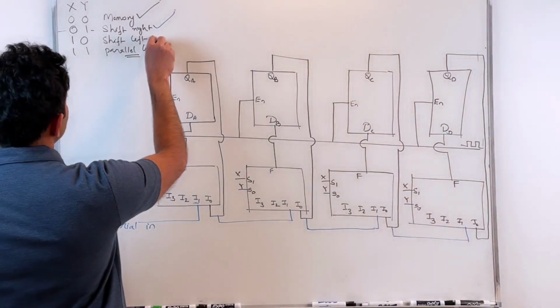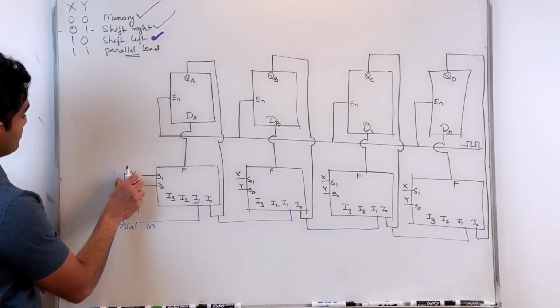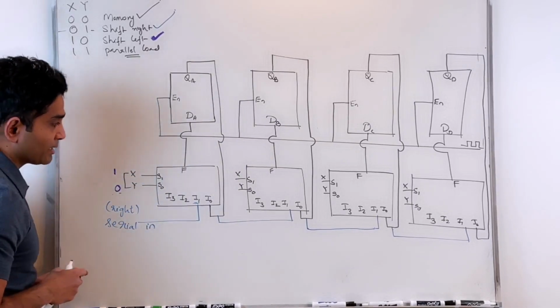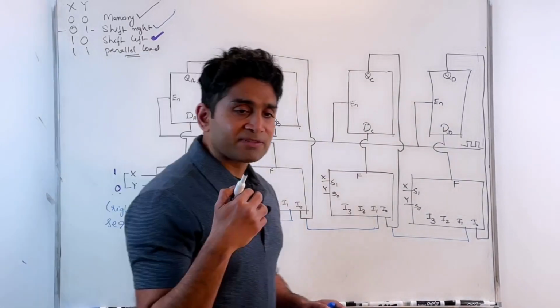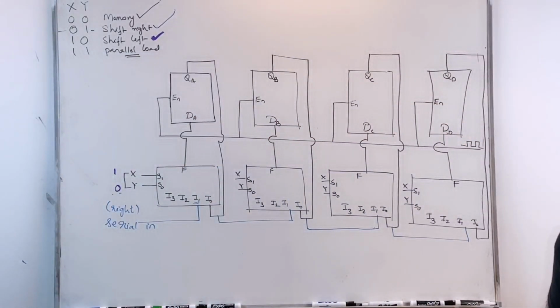Now, what about shift left? How do I get the shift left operation? When I apply 1, 0, right? When I apply a value of 1, 0 on my x and y, I need to obtain the shift left operation. And let me see if you can help me with this now. Based on what you've already seen, how do I connect to get the shift left operation now?